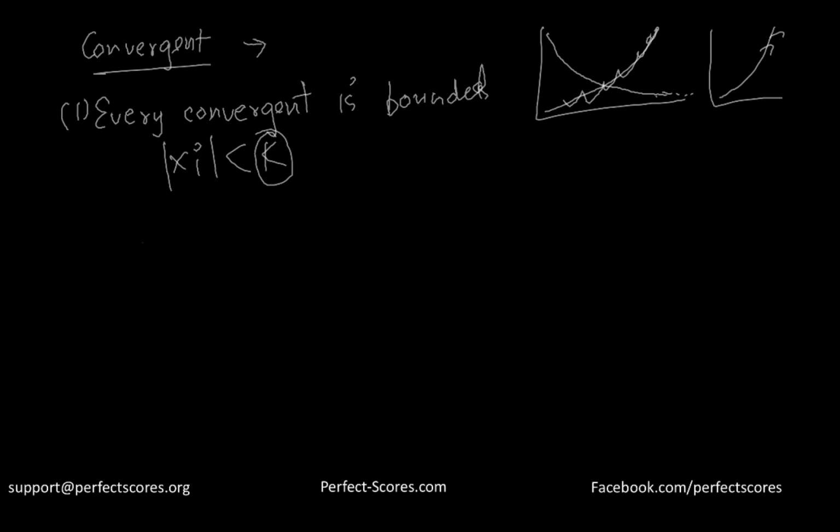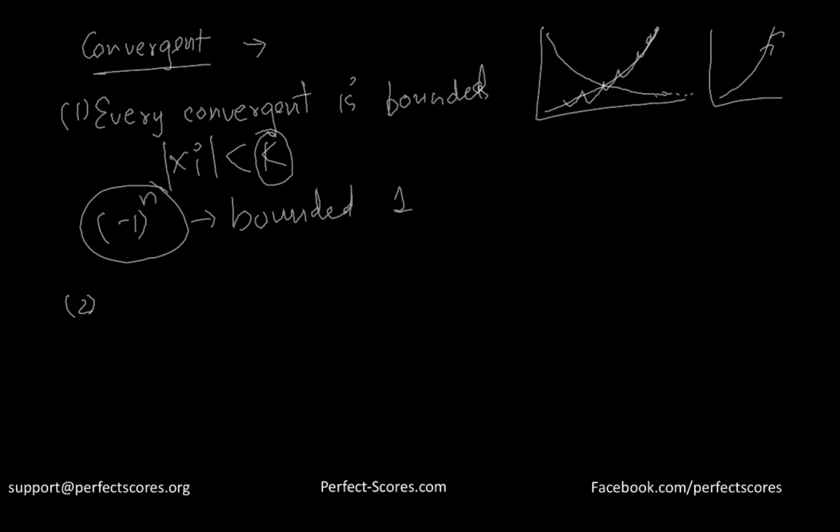You cannot say that a series is bounded, so it is going to be convergent. Take negative 1 raised to the power n, for example. This is a bounded series. Why? Because it is always going to be less than or equal to 1, right? So this series is bounded, but it is not convergent. So every convergent series is bounded, but every bounded series may not be convergent.